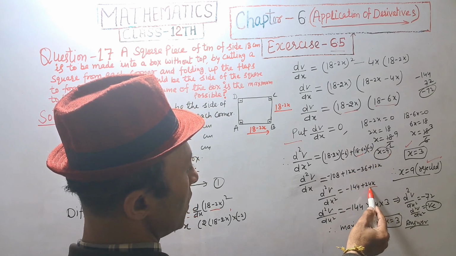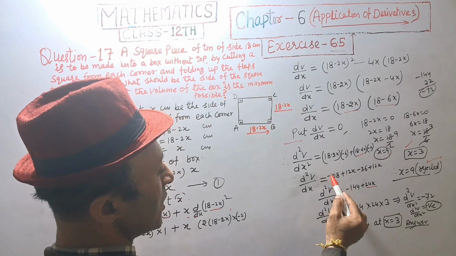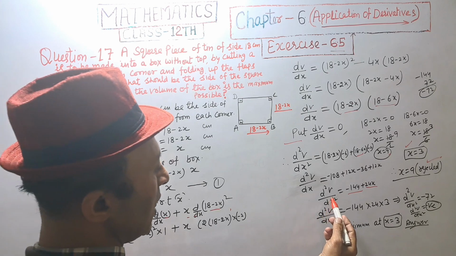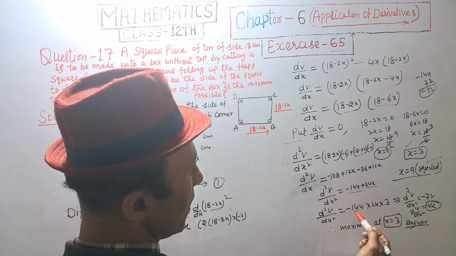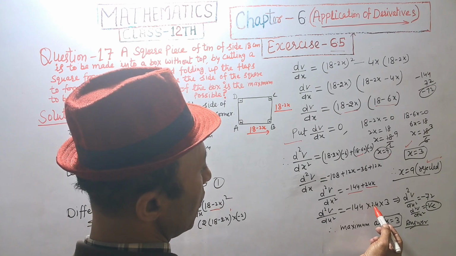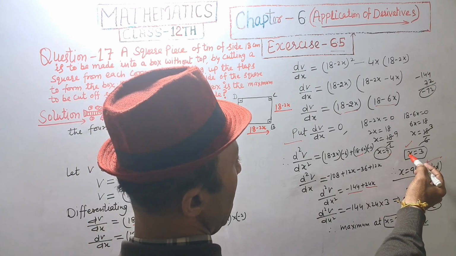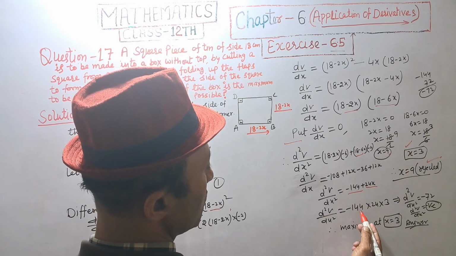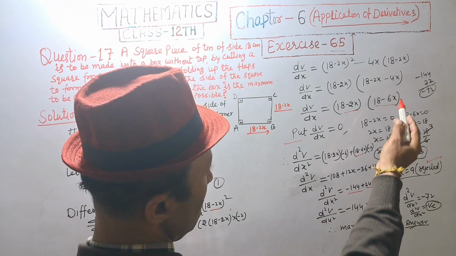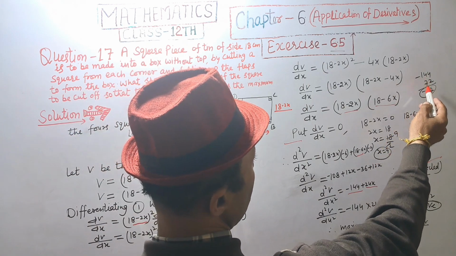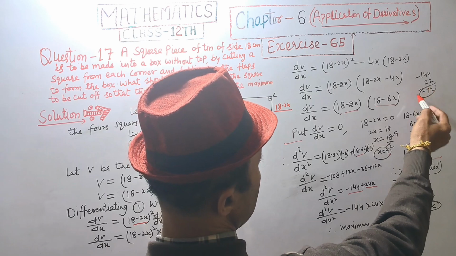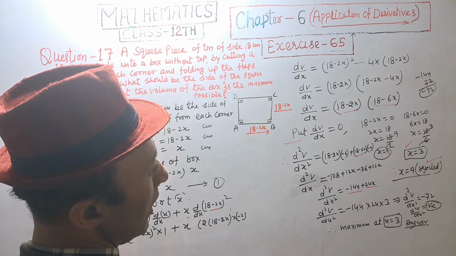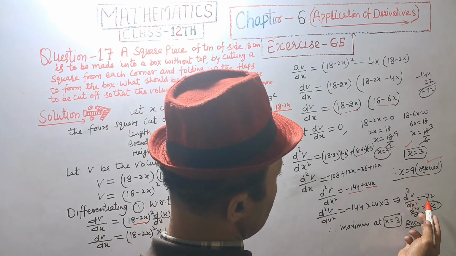So the double derivative is minus 144 plus 24x. At x equal to 3, 24 times 3 is 72, and minus 144 plus 72 is minus 72, which is a negative value.